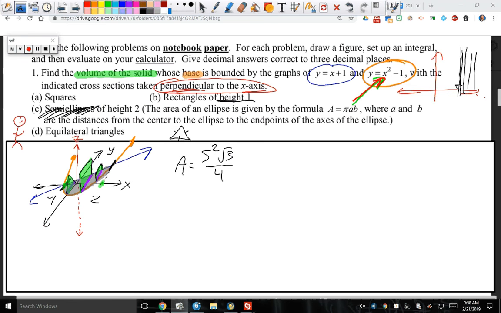Constant multiple rule I've stressed so much, because now I have side squared and the root 3 over 4 is pulled out. So now I'm going to have to figure out the length of this side. Guys, we've done this length of the side now 3 times. The length of any side of an equilateral triangle is the top minus the bottom.